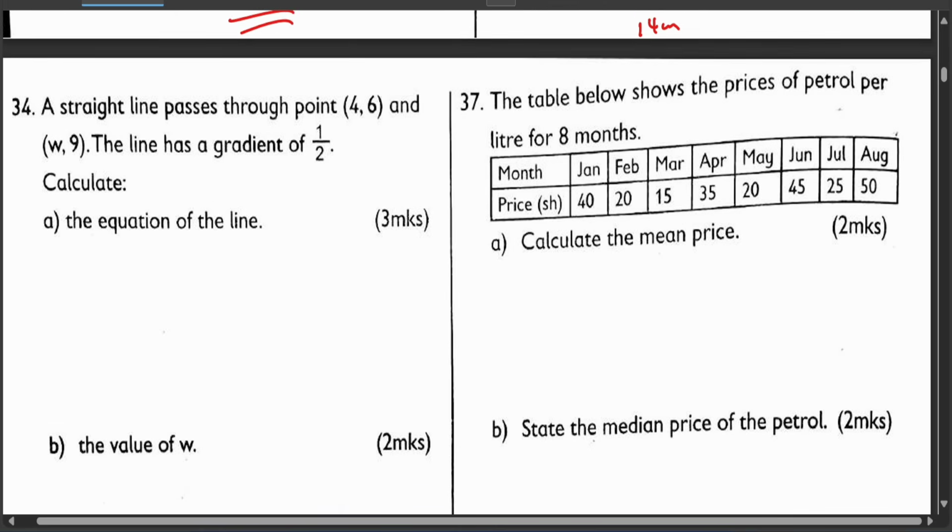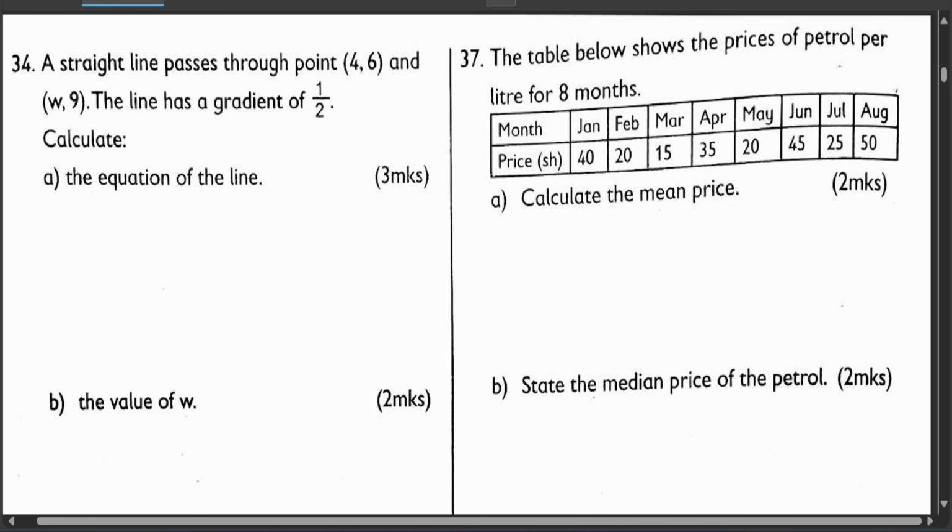Question 34. Again, gradient. A straight line passes through points 4,6 and W,9. The line has a gradient of a half. Calculate, question A, the equation of the line, which is 3 marks. Now the equation of a line is given by y equals mx plus c.